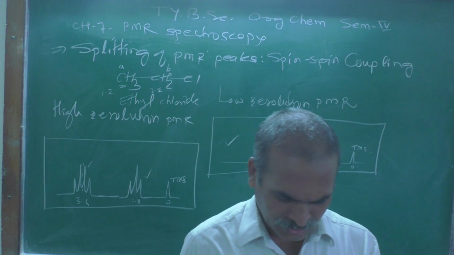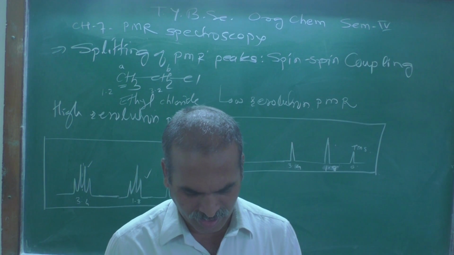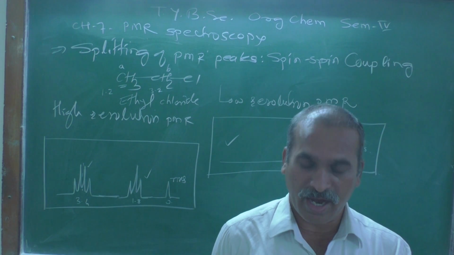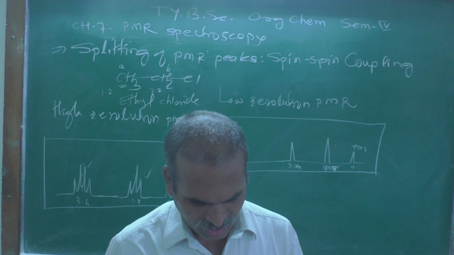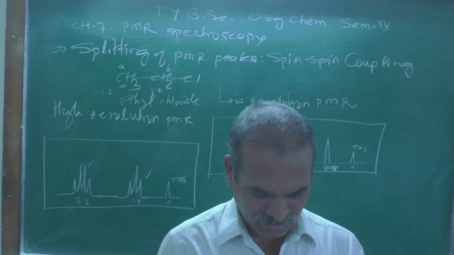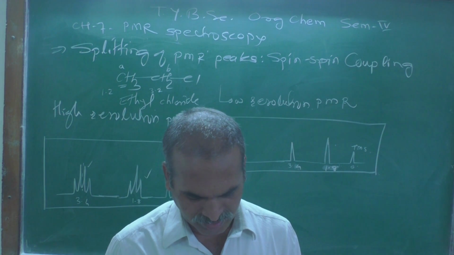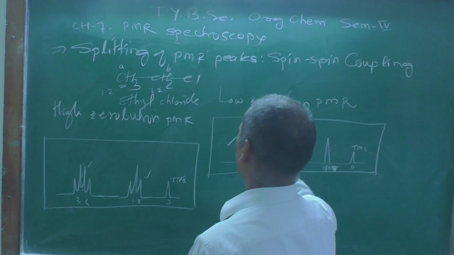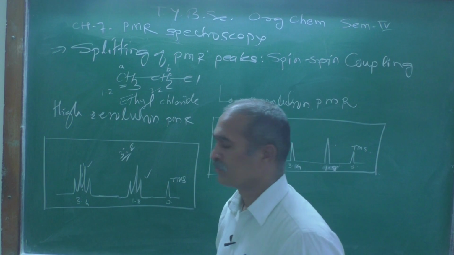Peak A due to methyl protons at 1.8 delta, and peak B due to methylene protons at 3.4 delta. The proton ratio of 3:2 is expected. Here also it is 3:2, right?